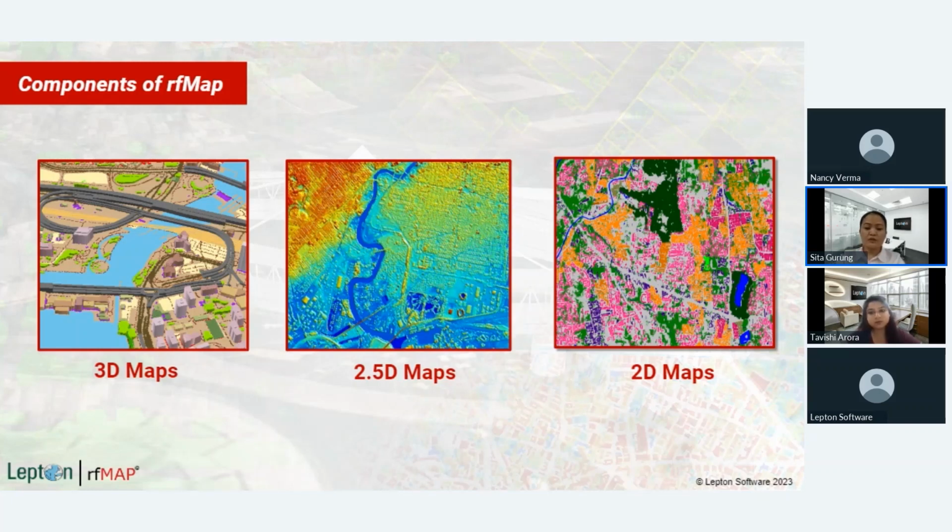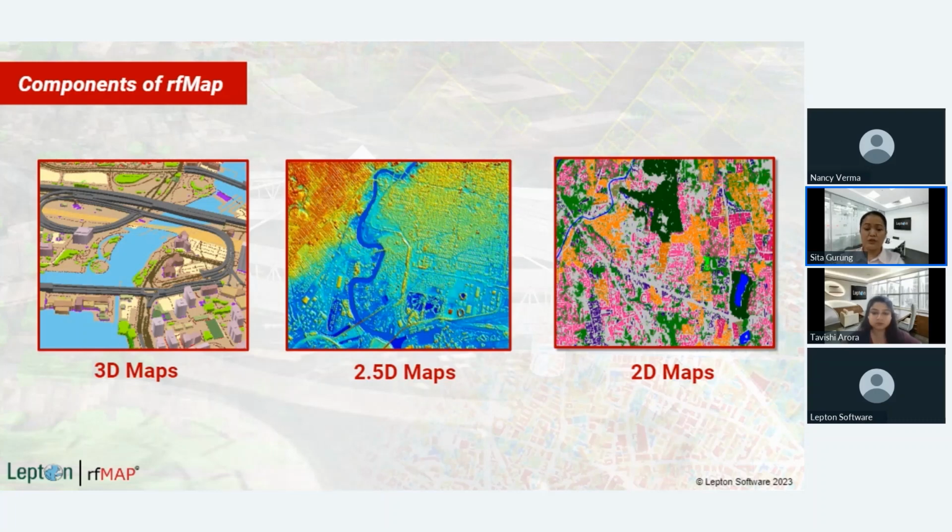The second option is 2.5D map. 2.5D is also available for 5G network planning, and we have exclusively designed this hybrid product for 5G network deployment. The location or area may differ for this particular product. For 2.5D, you can go with suburb or outskirt areas.